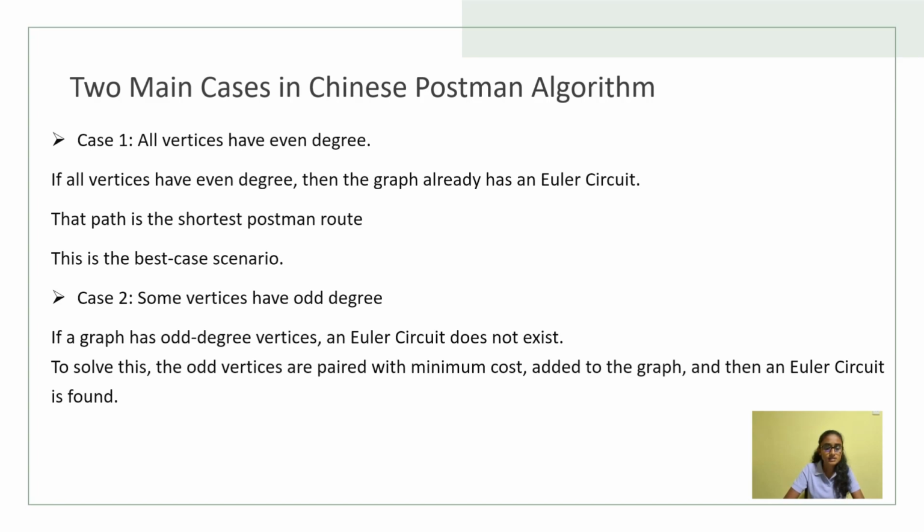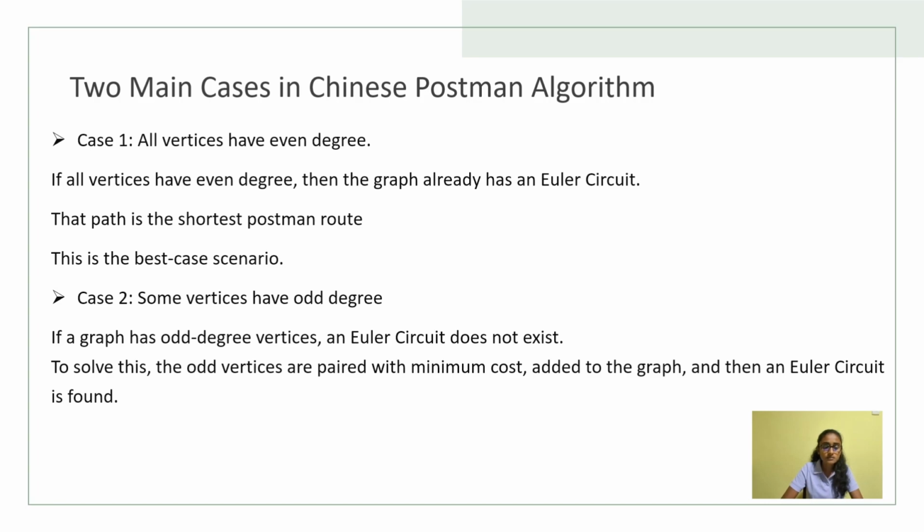This is known as the best case scenario. The second case is when some vertices have odd degrees. If the graph contains odd degree vertices, an Euler circuit does not exist. However, the postman must still travel through every road.